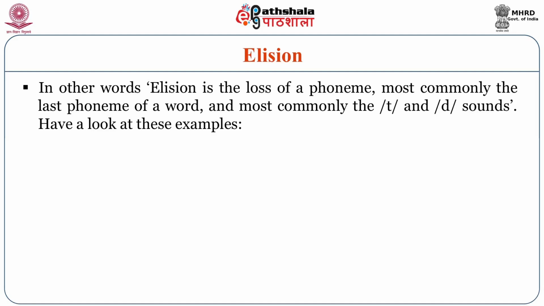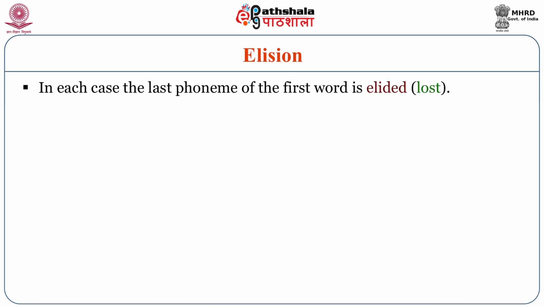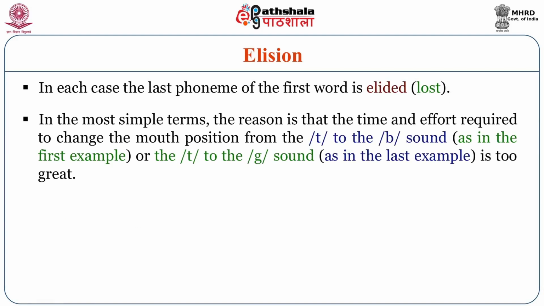Have a look at these examples. Left back, stand by, look back. In each case, the last phoneme of the first word is lost. In the most simple terms, the reason is that the time and effort required to change the mouth position from the t to the b sound, as in the first example, left back, we would have to give that space, otherwise left back.